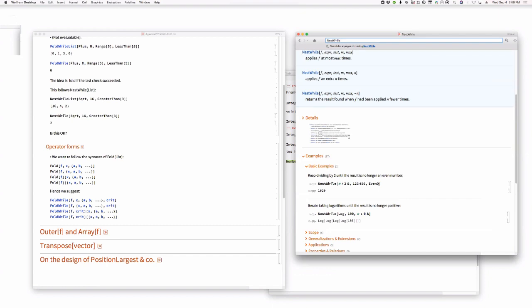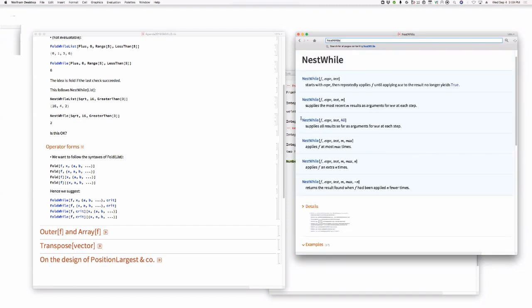So NestWhile, that's even, and then return the first failing case. I mean, what's really kind of annoying is that there's no way to monkey with its later arguments to determine that.